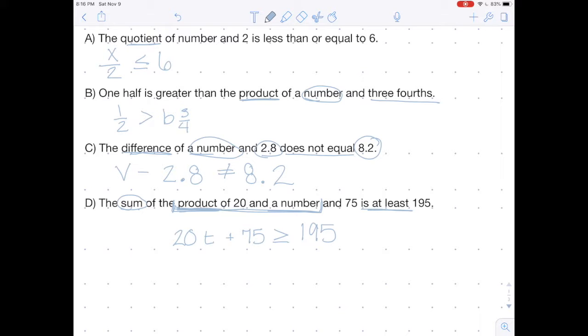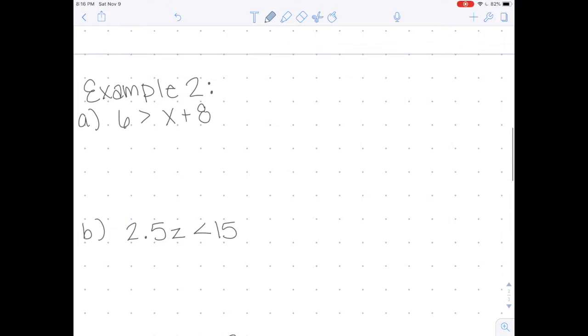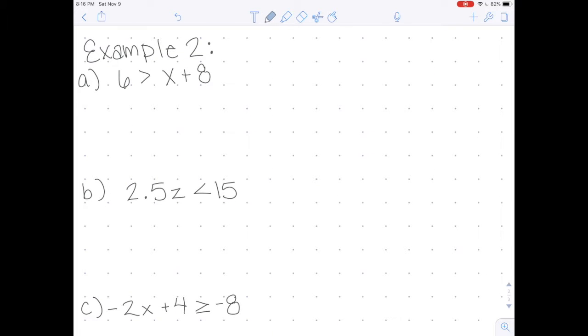Okay, so now that we know how to translate from the words to the symbols, let's flip it around. Let's translate from the math symbols into the words. So here we have 6 is greater than. Now we need to think of a word that means adding. So I would use sum.